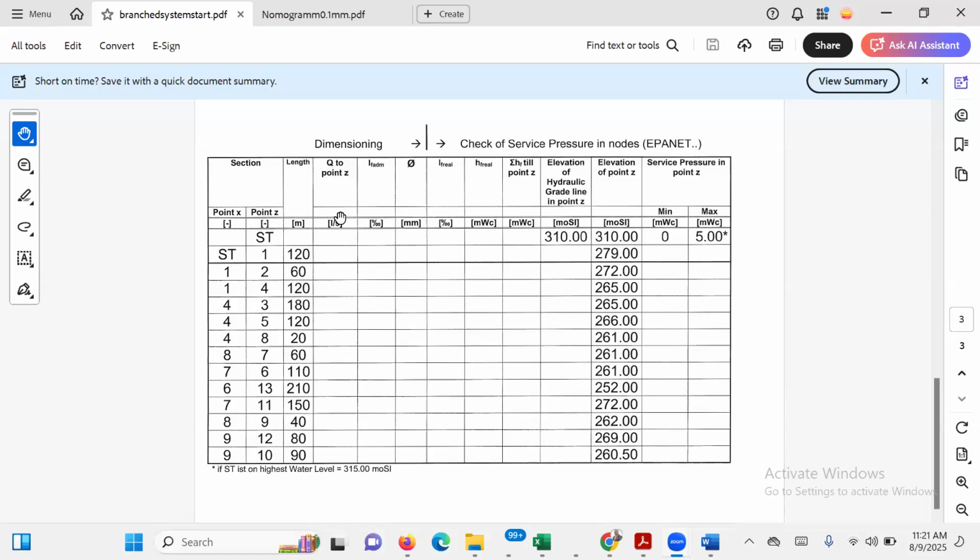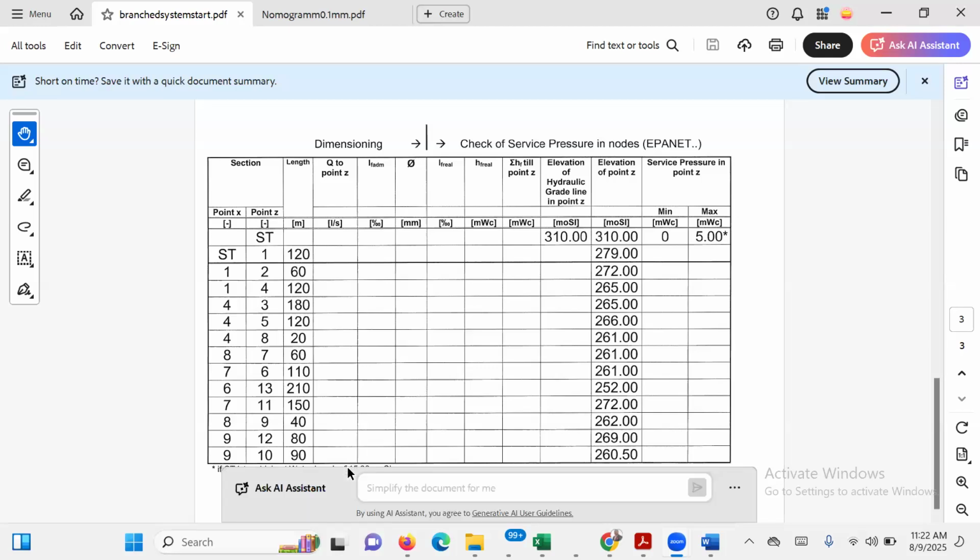I'll simply come here and fill in the discharge, the flow. So the flow here, 1 to 2. The flow at point 1, 2, what did we get again? 5 point something. The flow at 1 to 2, I think we got about 0 point something. Then the flow at 1 to 4, we got about 4 point something.